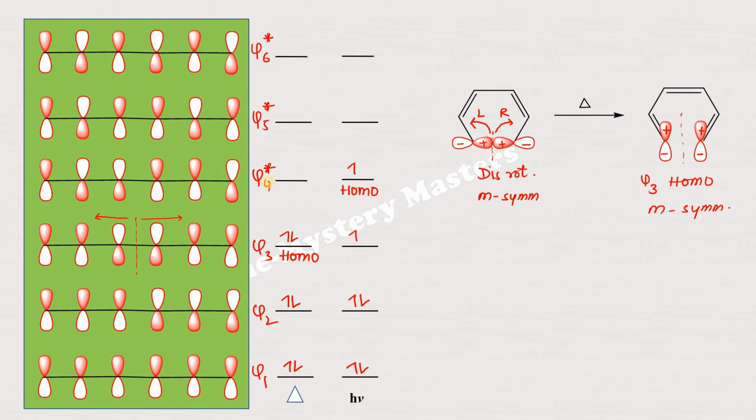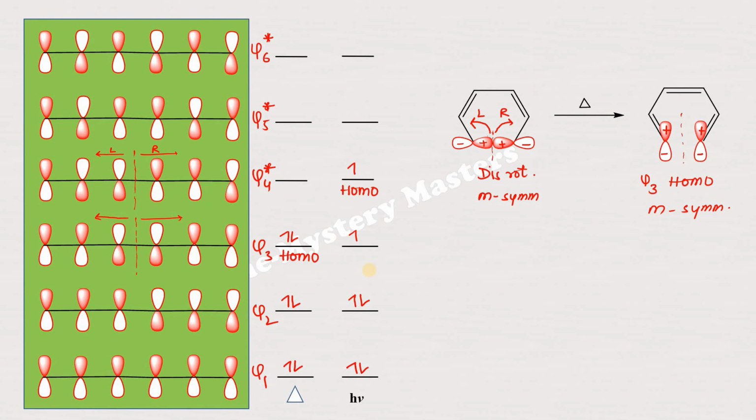And psi4 star is an anti-bonding orbital, it doesn't have M symmetry, because the left side and the right side are of opposite arrangement. And we already said that wherever there is no M symmetry, there is presence of C2 symmetry.